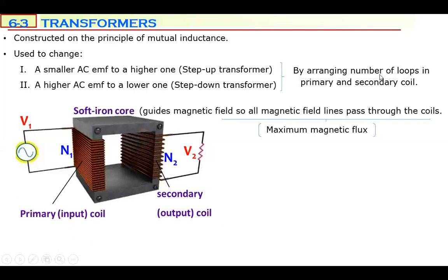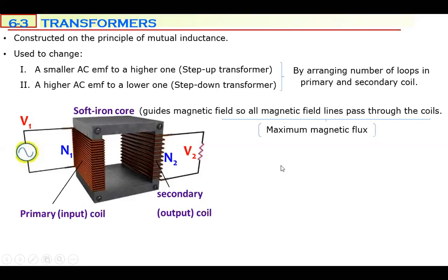As you see, they are different here. Here the number of loops in the primary is greater than the number of loops in the secondary. So by arranging this number of loops, it's possible to construct a step-up transformer or a step-down transformer.